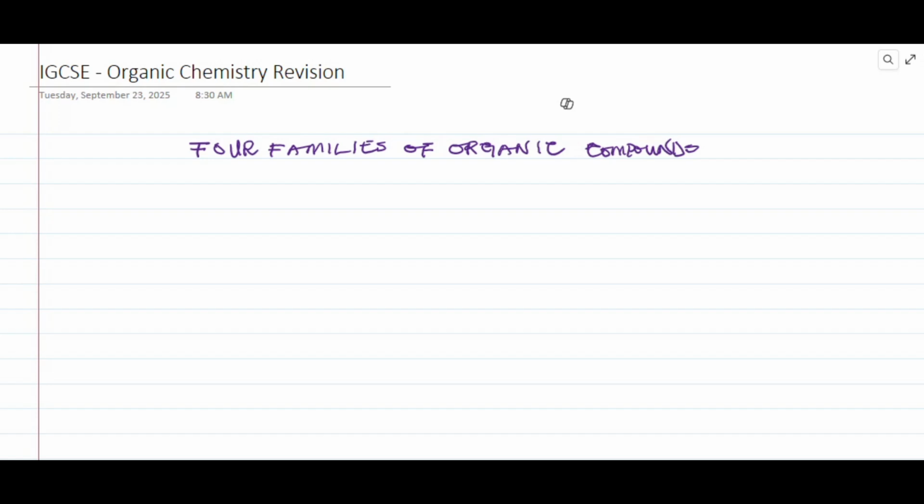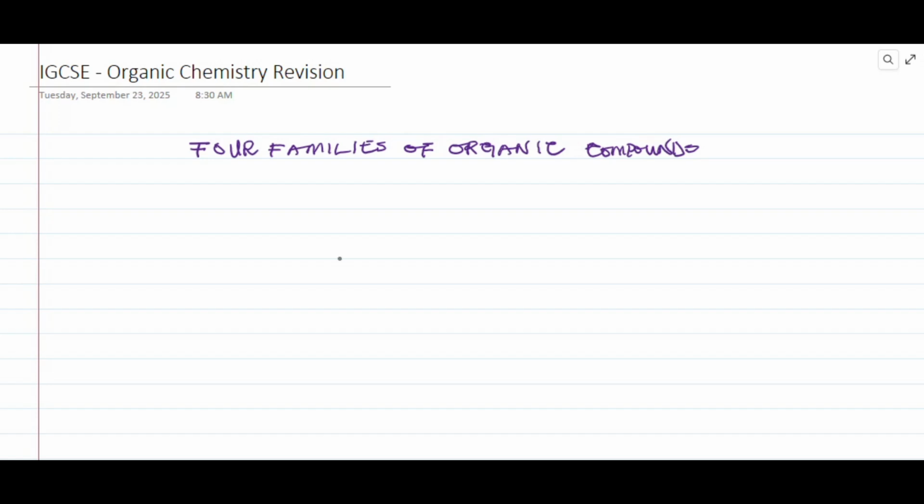In this revision class, we are going to look at four families of organic compounds. Organic compounds have more than four families, but for IGCSE requirements, we'll just look at four of them.